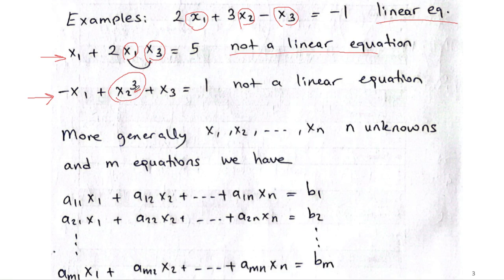And we will have systems of linear equations if we have more than a single linear equation. And we can have x1, x2, again xn. We have these n number of unknowns, and in total we might have these m number of equations here.